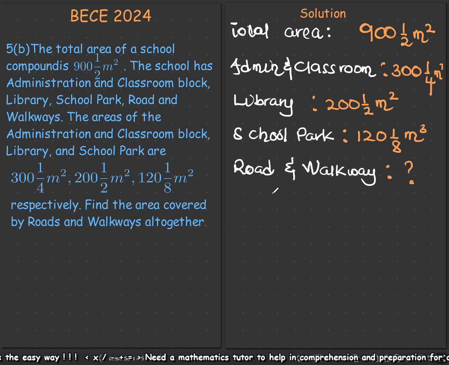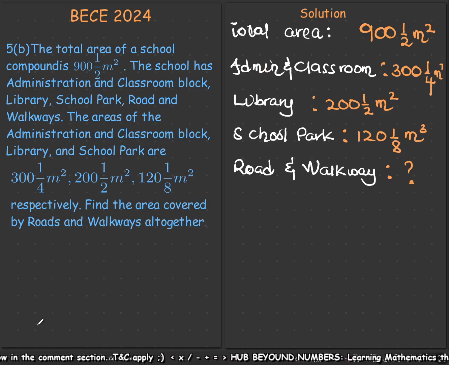So how do we go about it? First of all, since these are what make up the school compound, if we add all of these, we should get the total area. Hence, let's solve for the total area covered by administration and classroom, library, and school park.